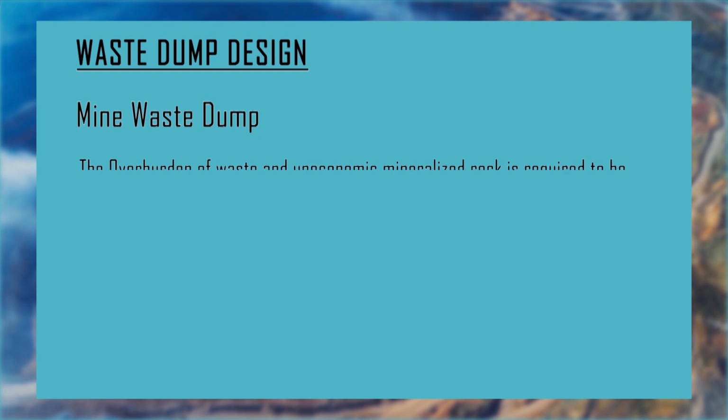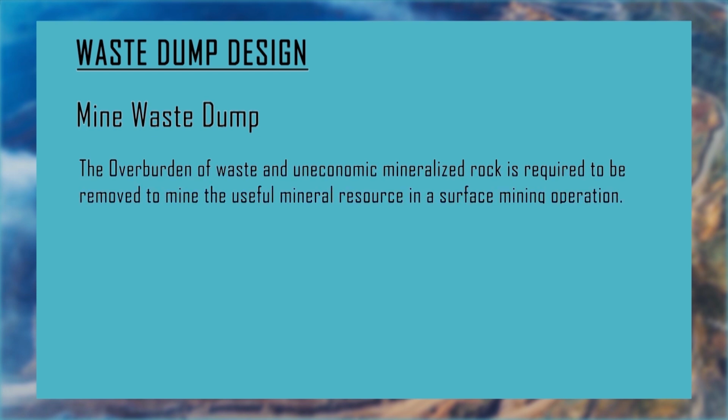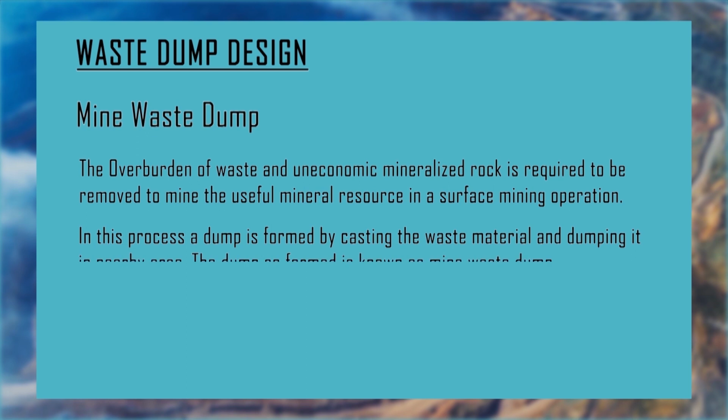Now, come to mine waste dump. The overburden of waste and uneconomic mineralized rock is required to be removed to mine the useful mineral resource in a surface mining operation. In this process, a dump is formed by casting the waste material and dumping it in a nearby area. The dump so formed is known as mine waste dump.